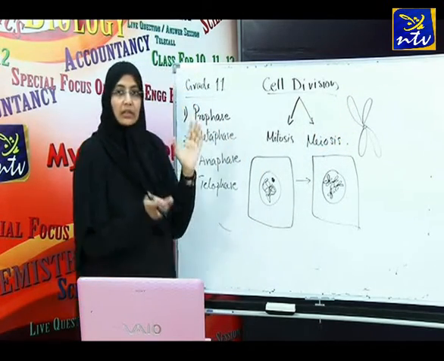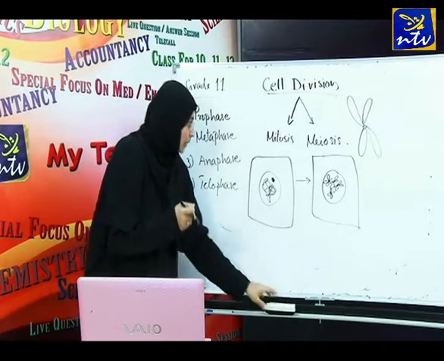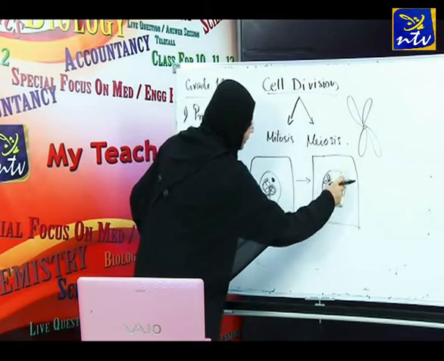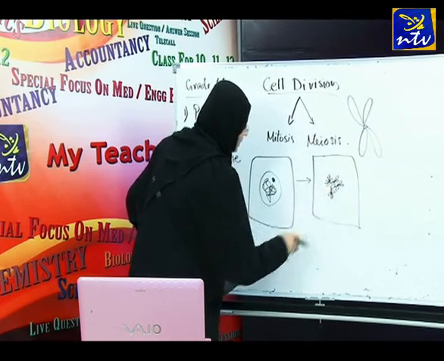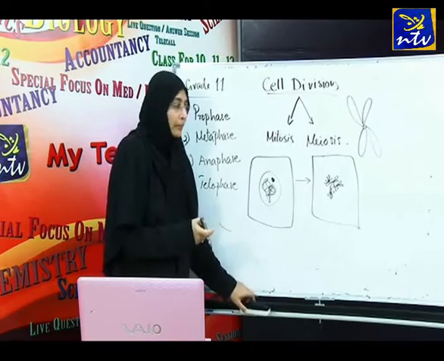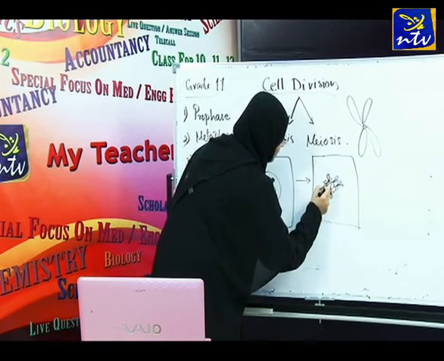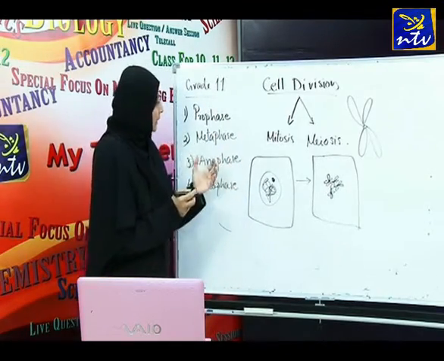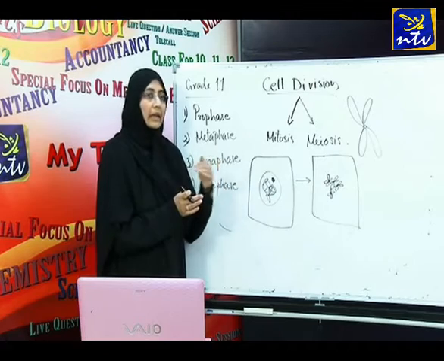So what are the changes taking place during prophase? The nuclear membrane disappears, then the nucleolus disappears, then the doubling of chromosomes starts. After this stage, the cell will undergo the next stage.